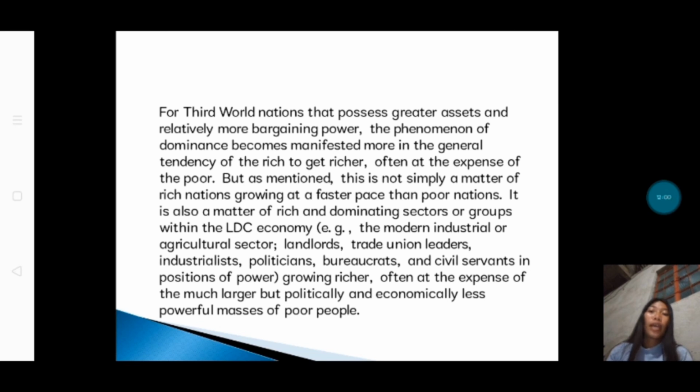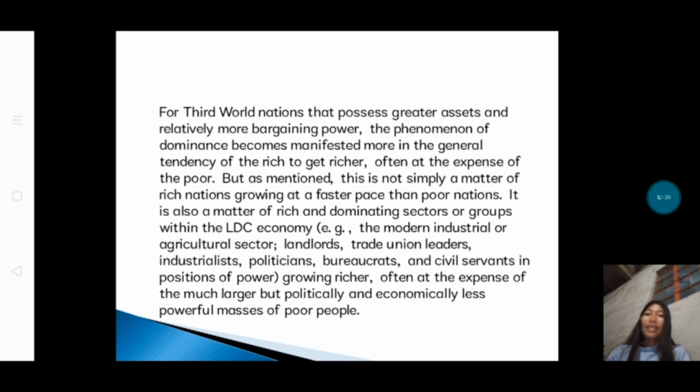The modern industrial or agricultural sector, landlords, trade union leaders, industrialists, politicians, bureaucrats, and civil servants in positions of power are growing richer, often at the expense of the much larger but politically and economically powerless masses of poor people.